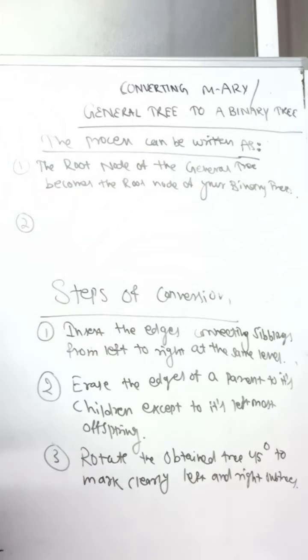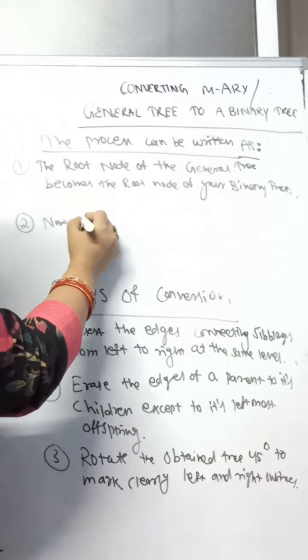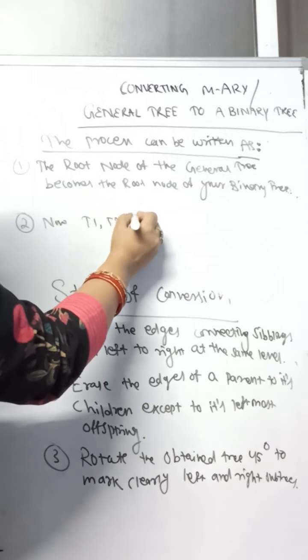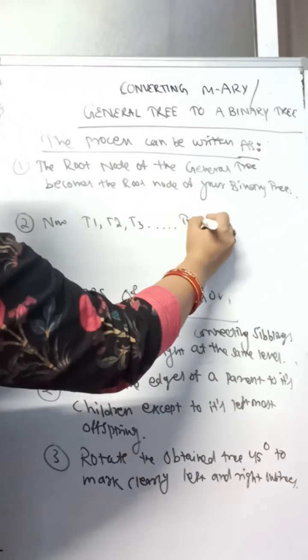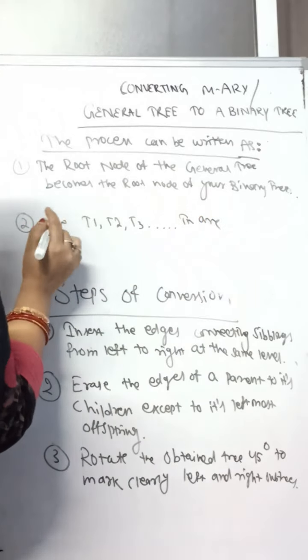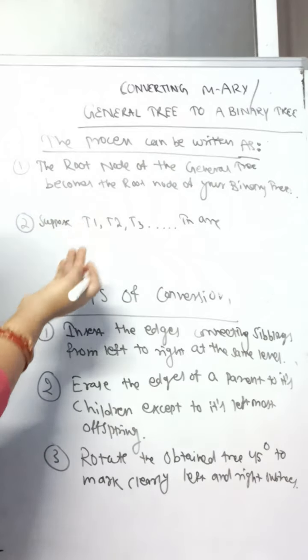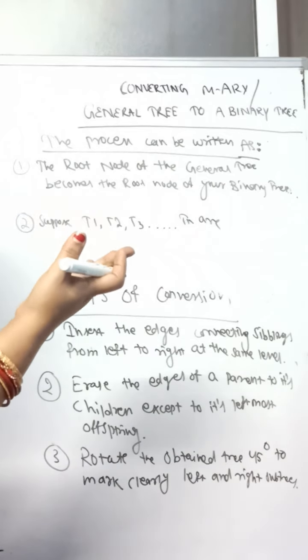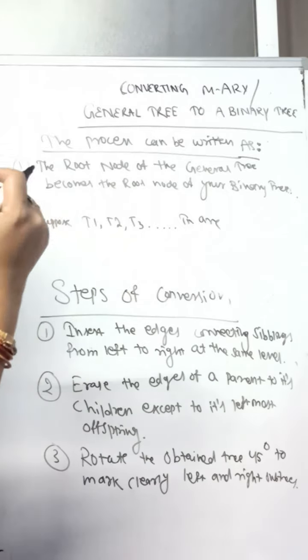So what will be your step 2? Now suppose T1, T2, T3 till Tn are the child nodes of your root node in the general tree.